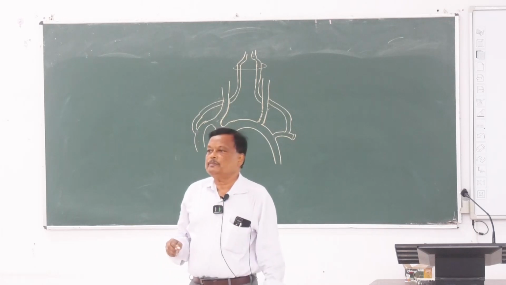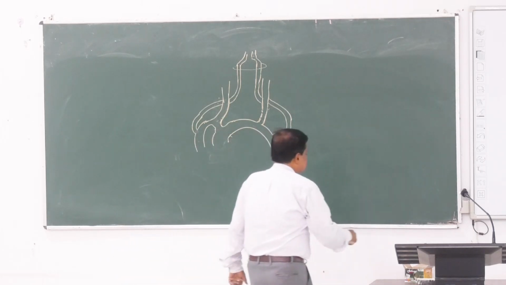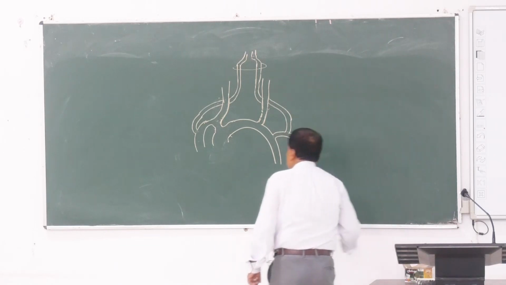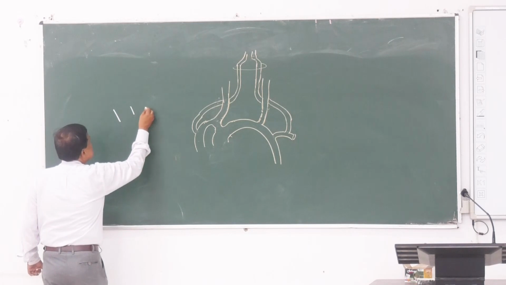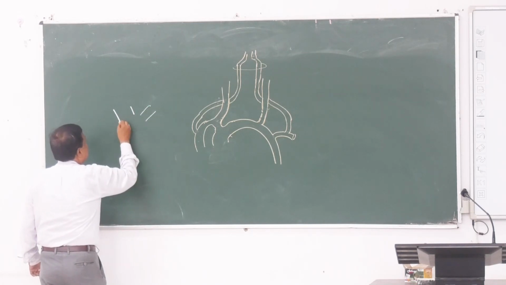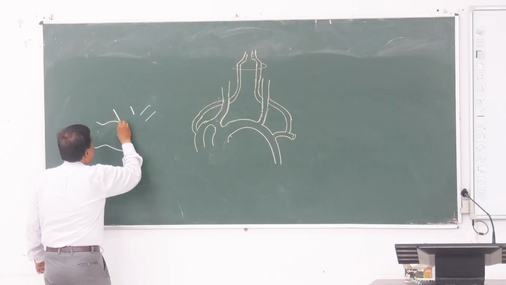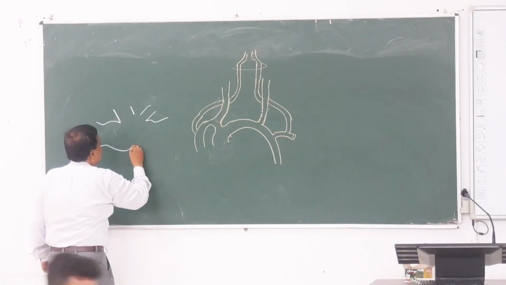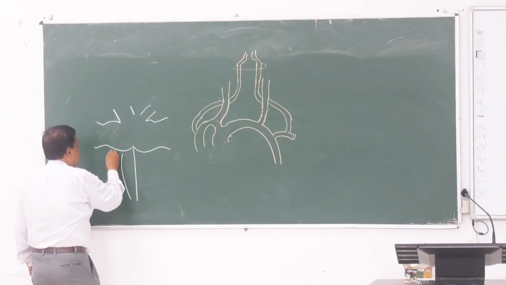at the lower border of the pons. Now I am drawing the pons here. This is the midbrain, then the pons, and this is the medulla oblongata.